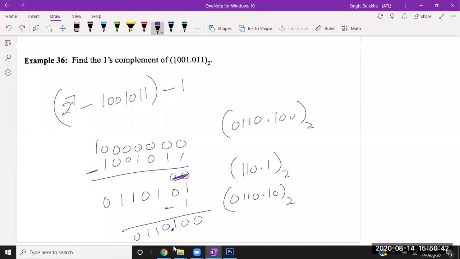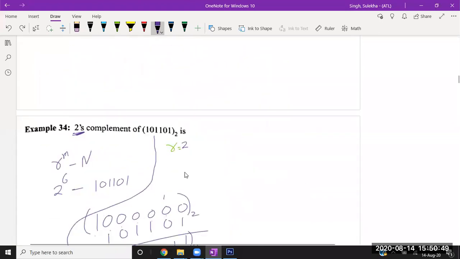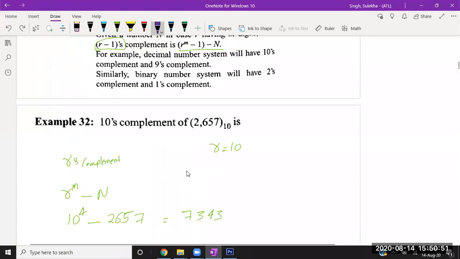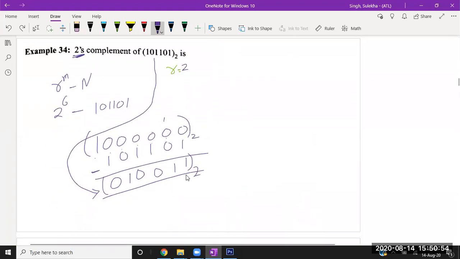Now I will go through all the examples again, and I will tell you what shortcut you can apply for converting any binary number into its two's complement or one's complement form. Is there any doubt in the conventional method, whatever method I told you with the help of formula? If it is clear, write yes in the chat box. If you are having any doubt, you can unmute yourself and ask.